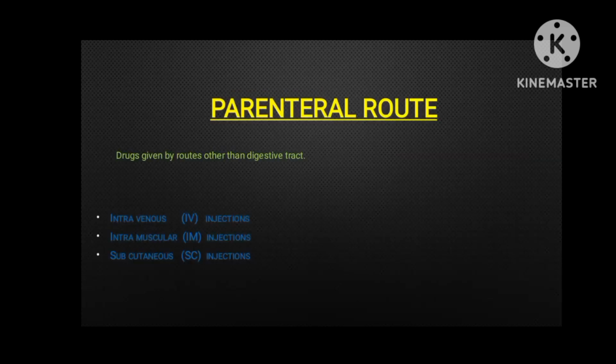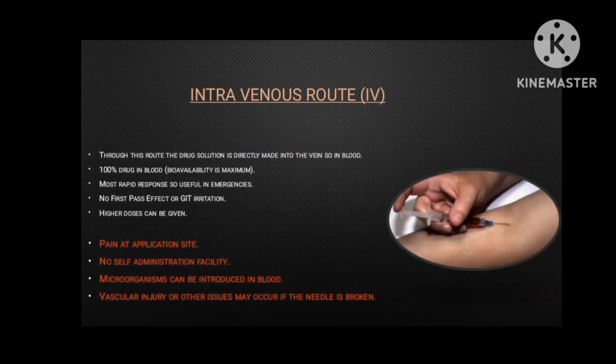After that, we have parenteral route of drug administration, drugs given by routes other than digestive tract. Usually, the drugs are injected somewhere in the body where they enter the blood. These routes include veins called intravenous, or in muscles called intramuscular, or subcutaneous.